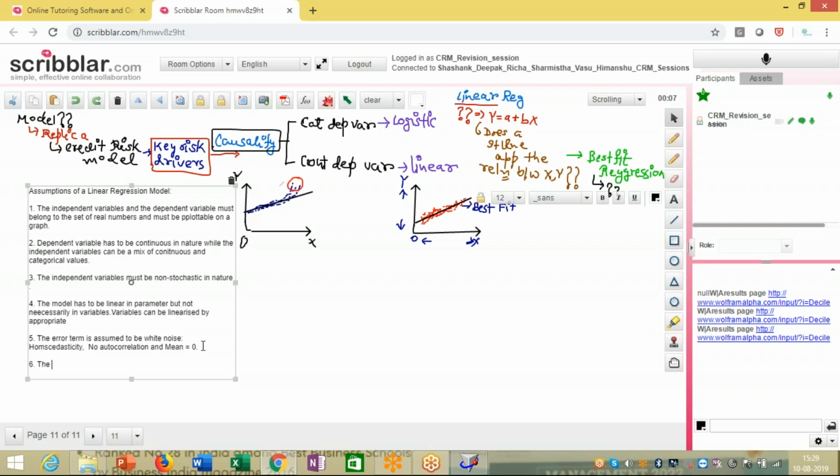So the next part is there must be no association between the independent variables.